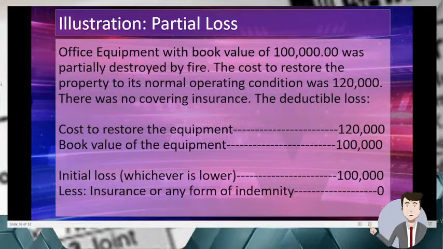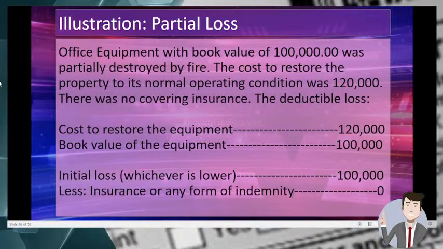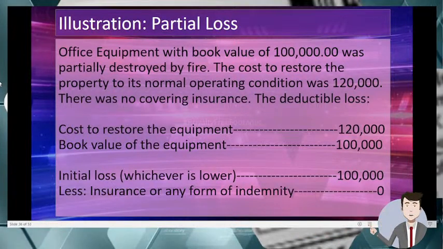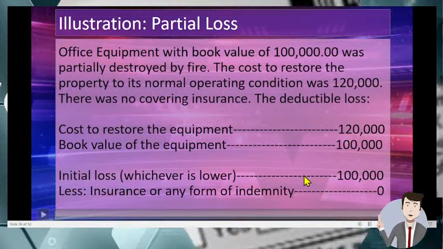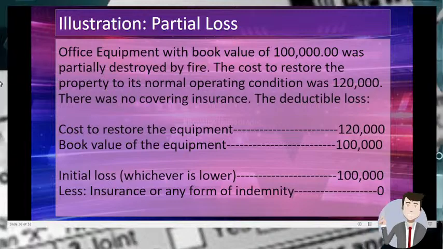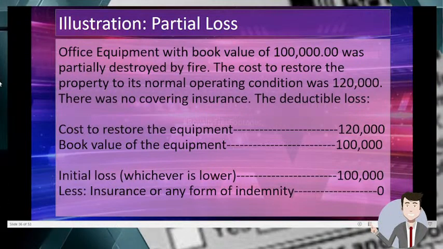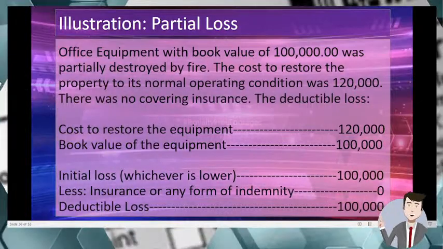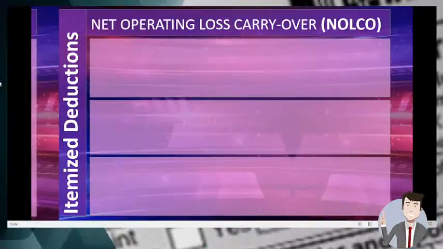So you cannot claim a loss as a deduction to the taxpayer's gross income because in the first place the indemnity is more than the actual value of the initial loss. So please take note, those are the 3 possibilities that will arise if there is a destruction of equipment. So the deductible loss is 100,000.